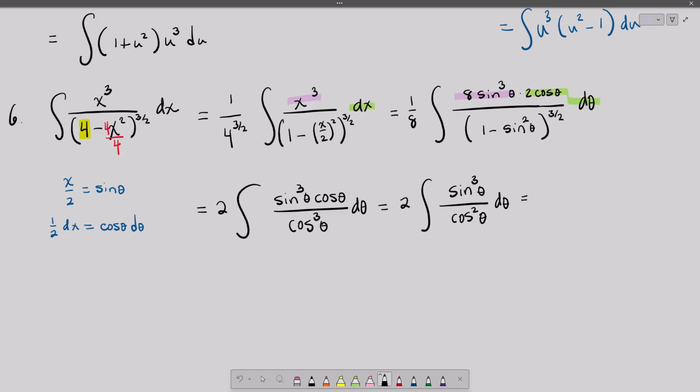Okay, so we have a couple choices here. We see that the power on sine is odd. And we had a rule that if the power on sine is odd, we can pull one off and convert the leftovers to cosine. So let's see if that helps us. So if we pull off one sine, put it over here with the differential, we're left with a sine squared, which is 1 minus cosine squared.